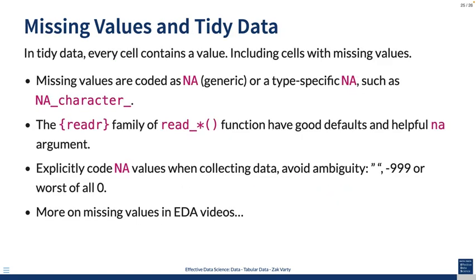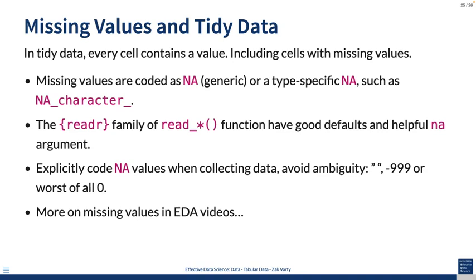The final thing I'd like to talk about here is how missing values link in with tidy data. We've said already that in a tidy data frame, every cell is going to contain a value, and this is going to include all cells with missing values. But how do you encode a value that is inherently not there? In R, this sort of missingness is denoted by the NA object.